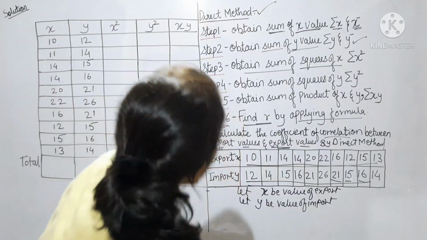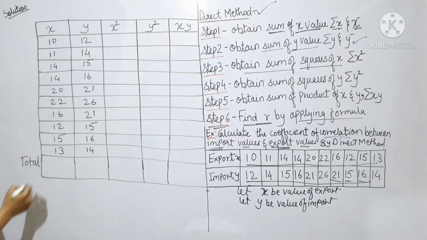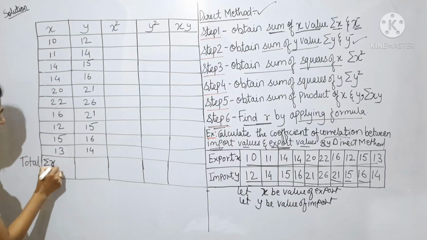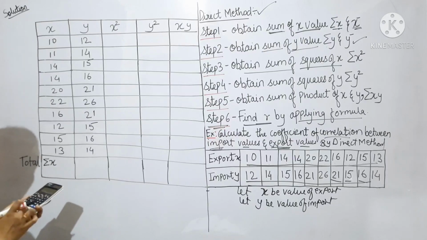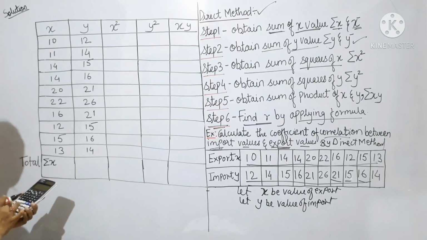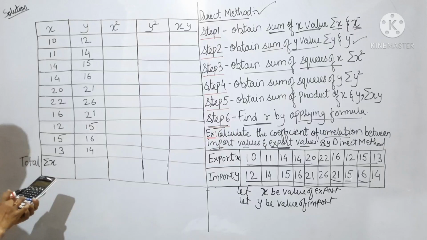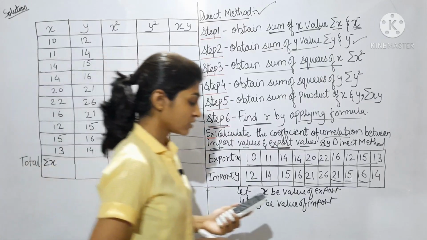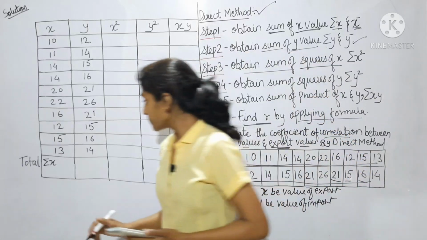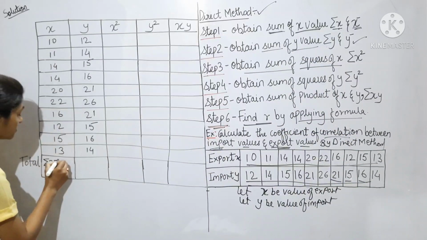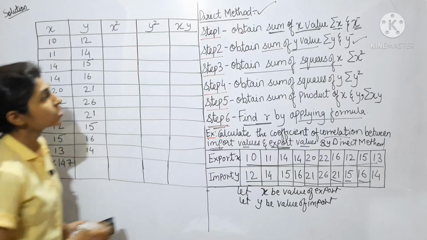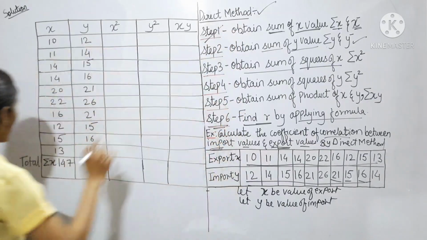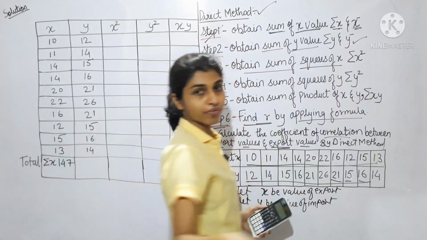Add them using a calculator to find sigma x. So we get 147. Okay, the first step is done. Now we have to find x bar, we will find it later on.